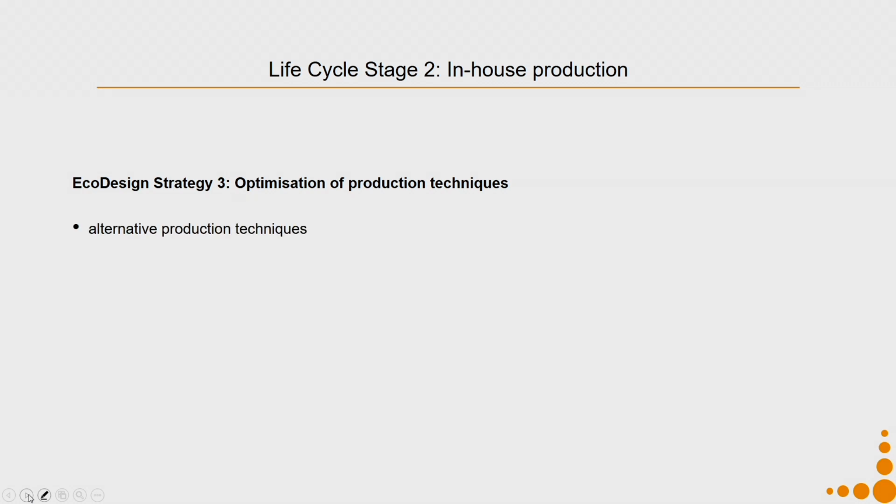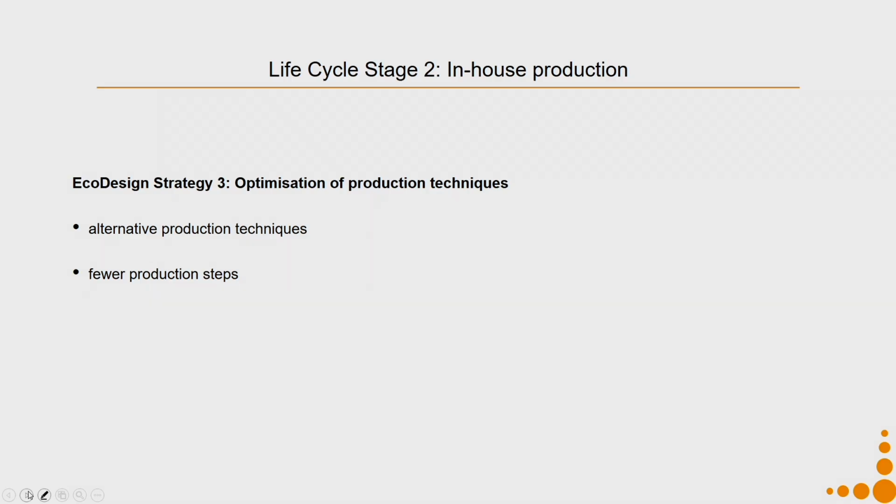Say first you have to consider that if your product can be made with production technique A, are there alternative production techniques, for which you might have to do design changes, which can produce your required product more environmentally friendly? Can you reduce the production steps?